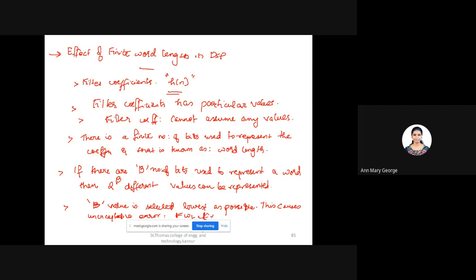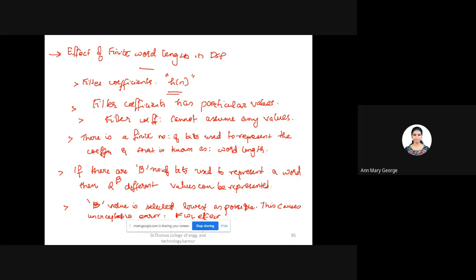Okay, the chosen b value is lowest possible for certain economical reasons, and this causes the error or the certain effect known as finite word length effect.